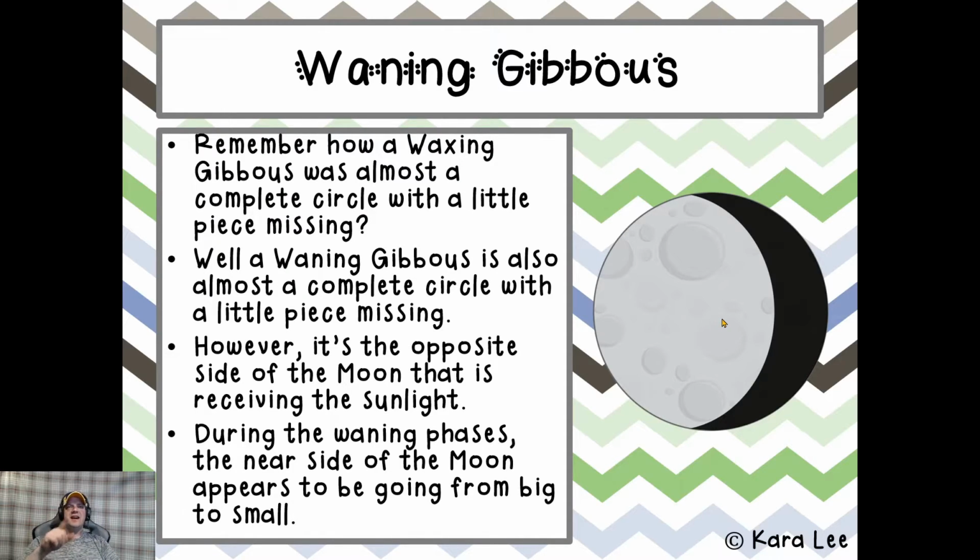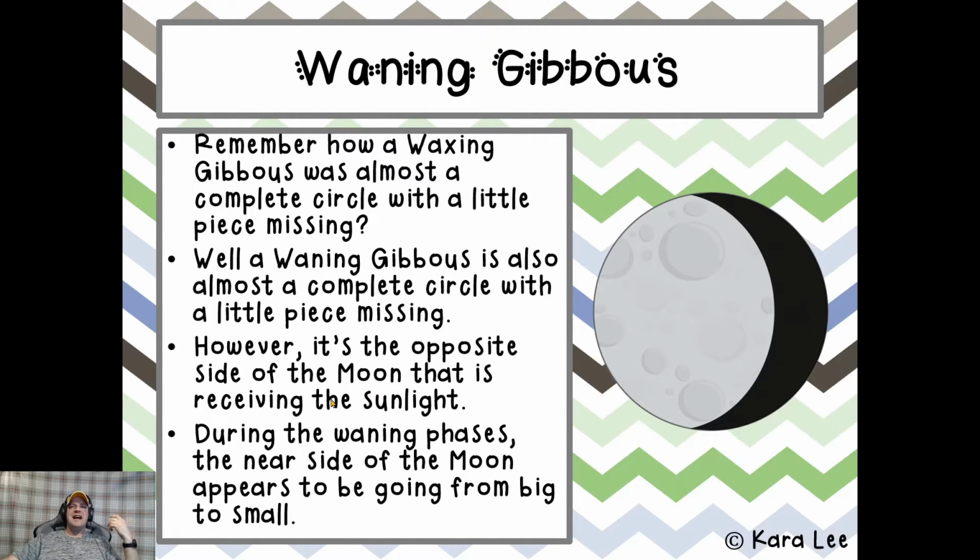Waning gibbous. Now that's the other big word, waning. W-A-N-I-N-G. It's this word right here at the top. When the moon is waning, that means that it is getting smaller. You can only see a little bit until you can't see anything. Remember how the waxing gibbous was almost a complete circle with a little piece missing? Well, a waning gibbous is also almost a complete circle with a little piece missing on the right side.